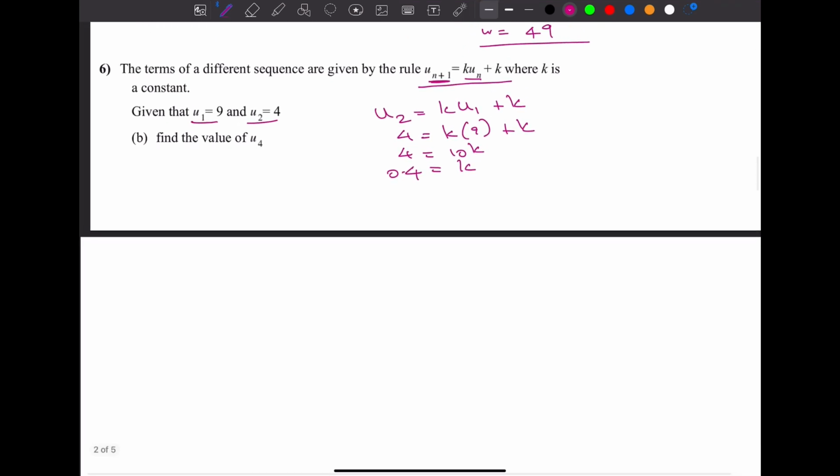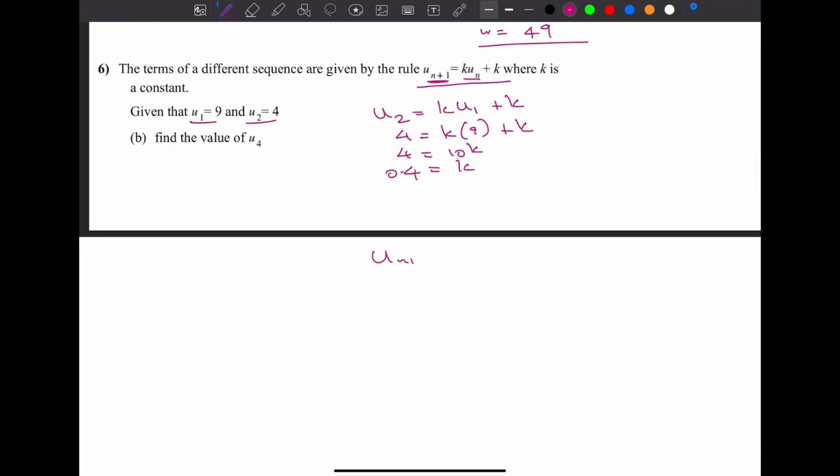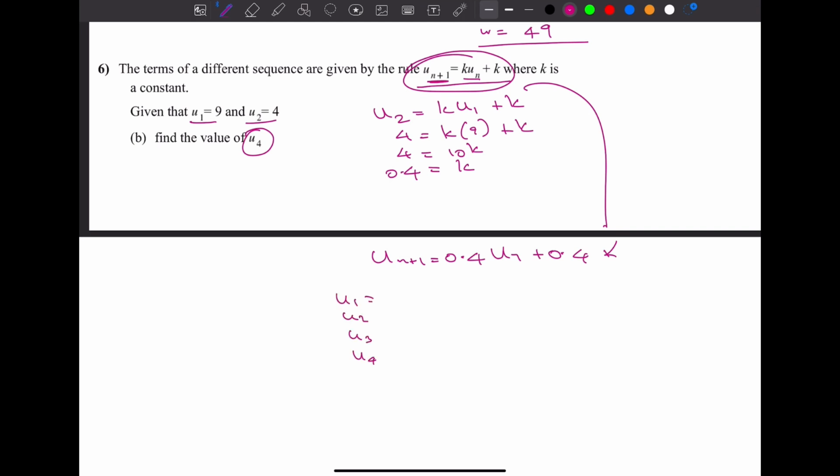Let's rewrite the equation now. u(n+1) equals, with k as 0.4, 0.4 times u(n) plus 0.4. I'm just rewriting this equation basically. You want u4. So I already know u1, u2, u3, u4. u1 is 9.